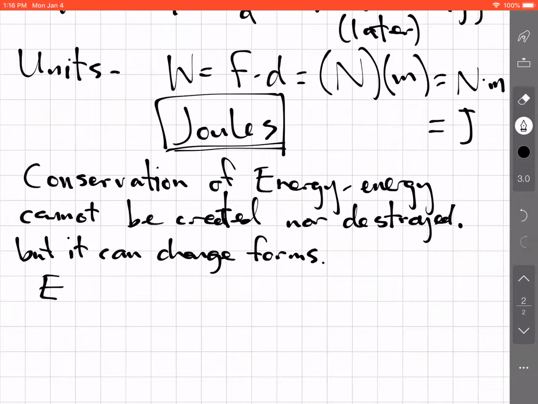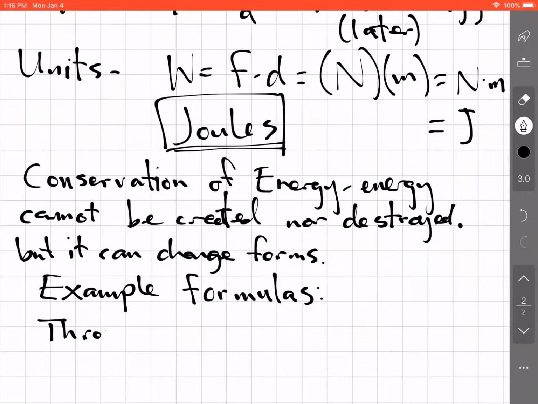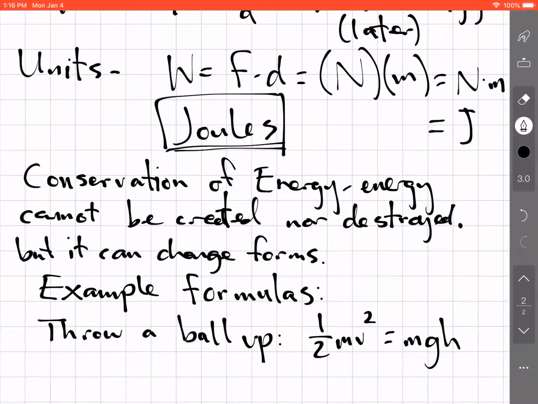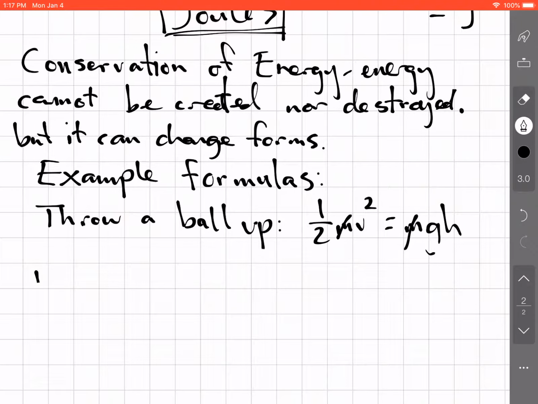So some example formulas that we might use. I'll give you a generic one. So, for example, you throw a ball in the air vertically, so throw a ball up. You would start out with 1/2 mv squared. It will turn into mgh. Obviously, the m's will cancel here, and you can solve whatever you're given. You might be given a v, or you might be given h, depending on what the situation is. Now, the same exact setup, really, it's just reversed. But let's say you're dropping a ball.